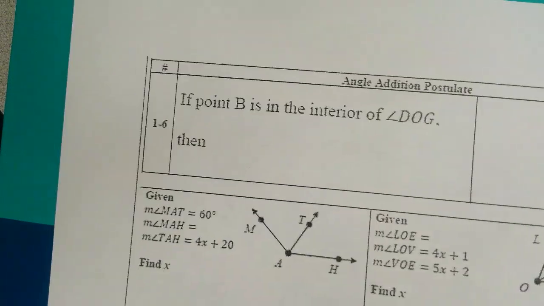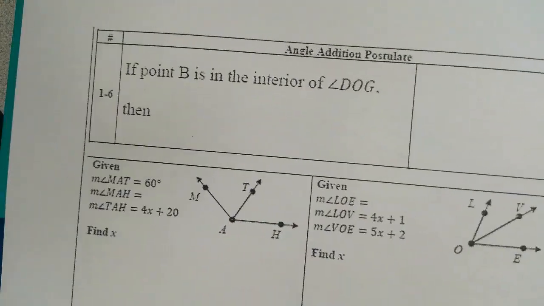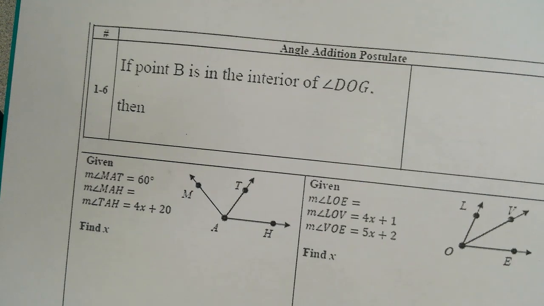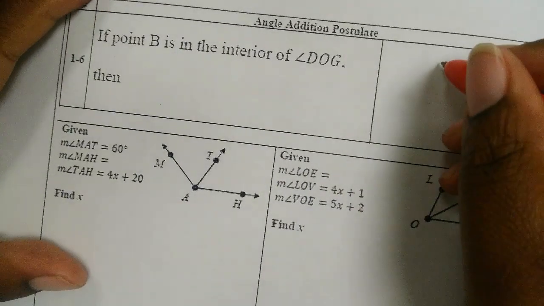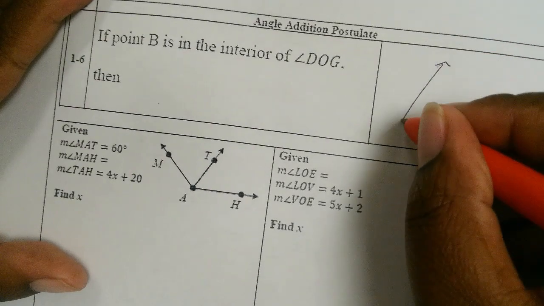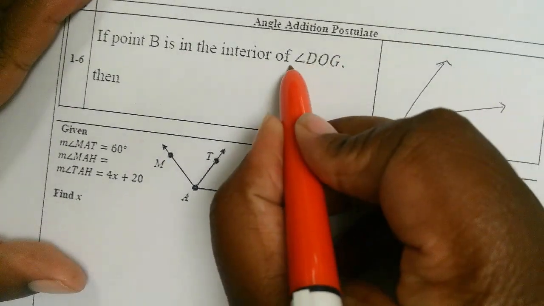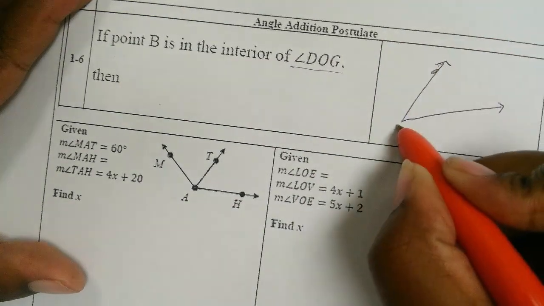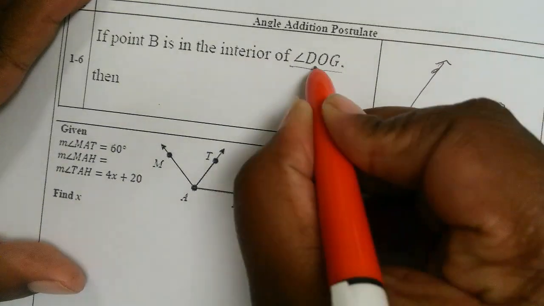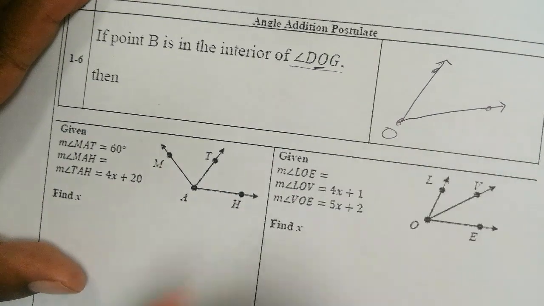Now when we turn to the back side, our back side is talking about the angle addition postulate. So my angle addition postulate is very similar to the segment addition postulate. First thing I'm going to do is draw this angle that they're talking about. So angle DOG. Since O is in the middle, O has to be my vertex.